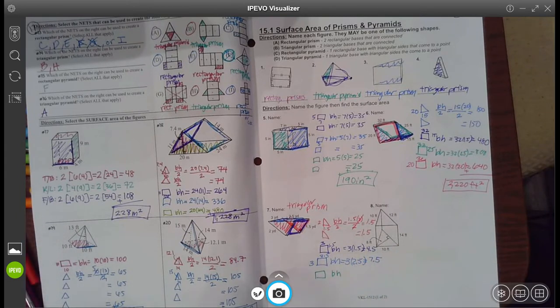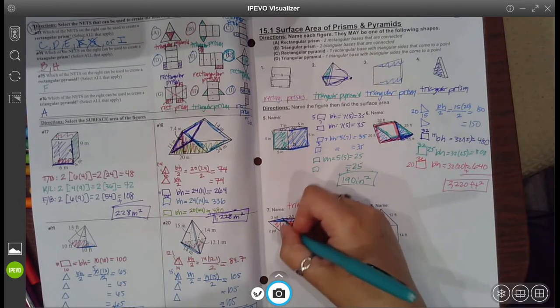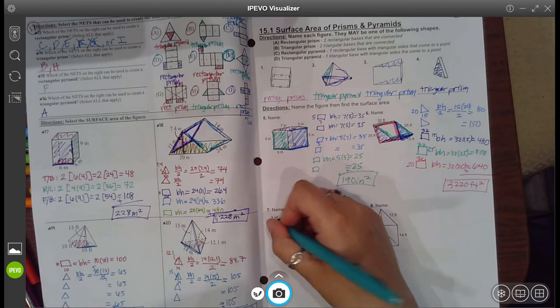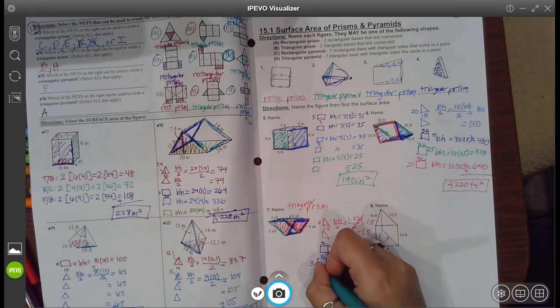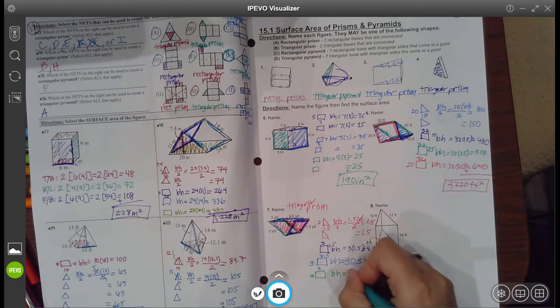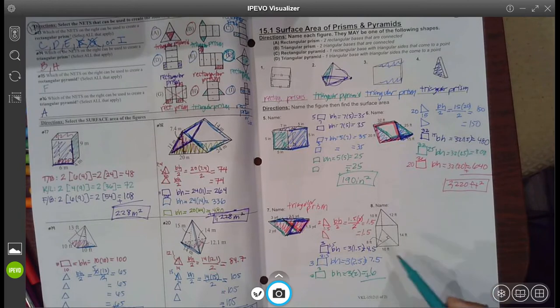Finally, we're looking for one more rectangle. Do you see it? It's hiding in the back. Okay, so this length is 3, and that length of your rectangle is 2. So 3 times 2 is 6. Go ahead and add all those together, your 3 rectangles and your 2 triangles, and you get 21 yards squared.